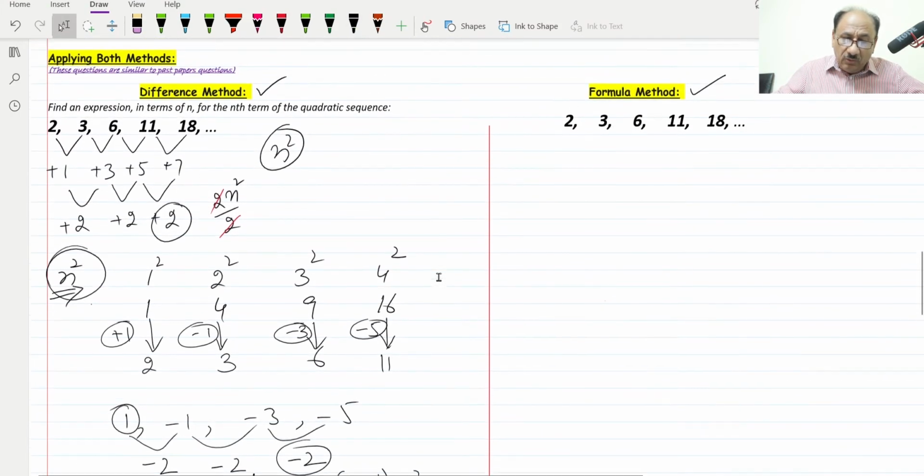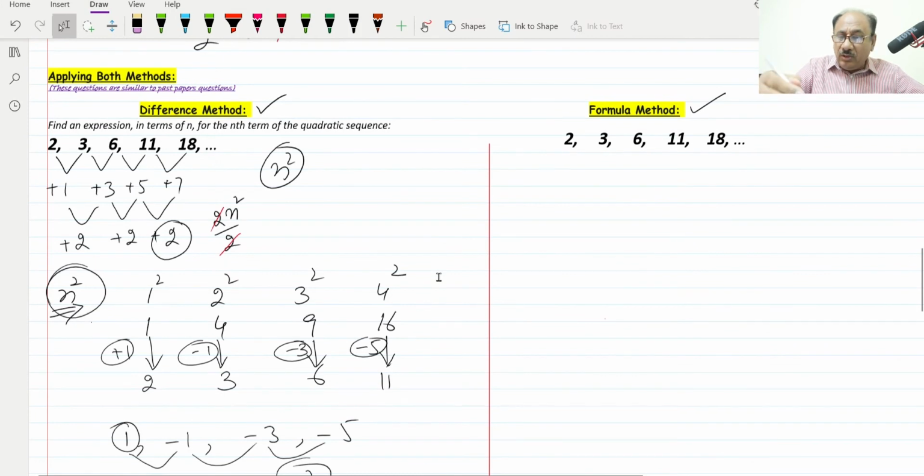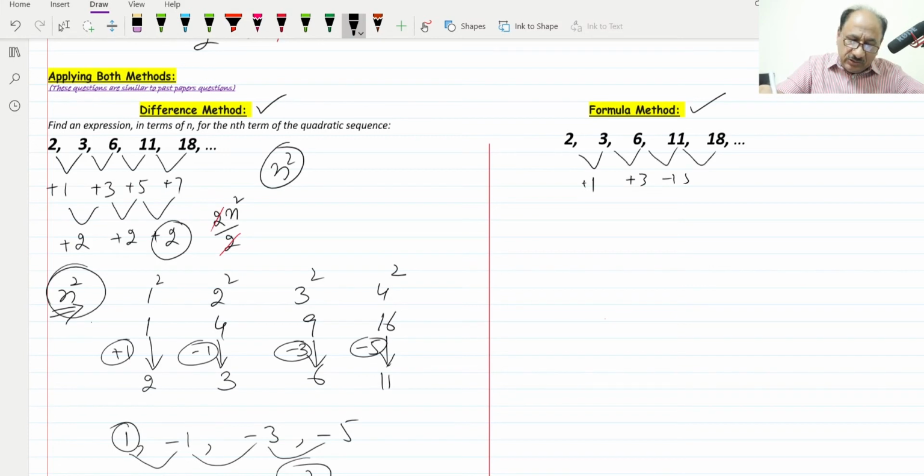Now we will be solving the same question by the formula method, and we will check whether we get the same answer or not. First of all, we will check the difference between the terms. The first one is plus 1, and the second one, basically we found differences over here, so we can check from here: plus 3, then plus 5, and last will be plus 7.